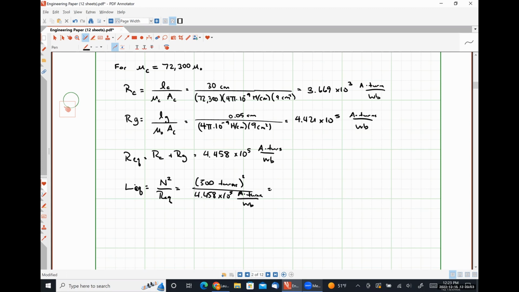And this comes out to be 0.561 Henry, where a Henry is nothing more than a Weber per ampere. Yes, ma'am. That's correct. That's the reluctance of the air gap.